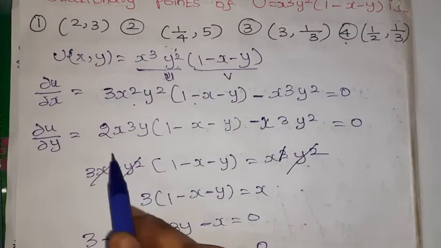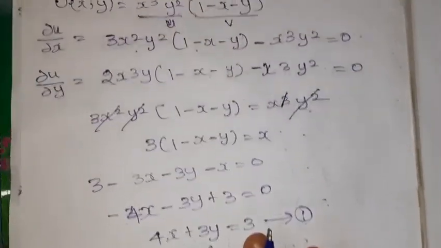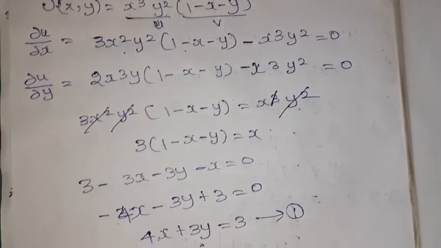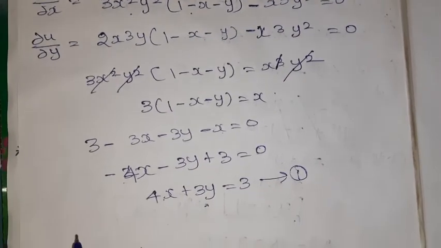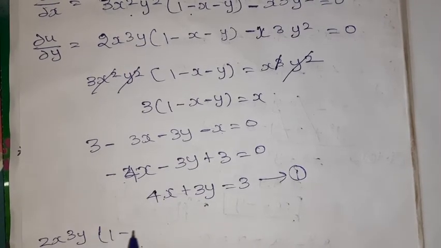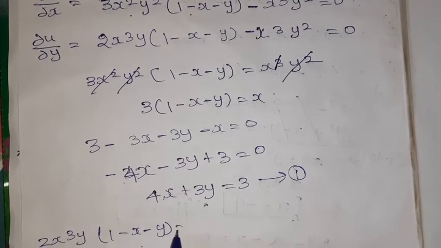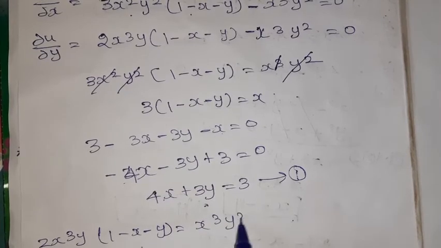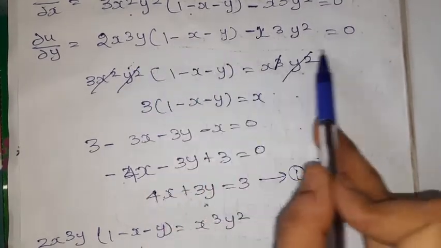Then the other term equal to 0: 2x³y(1 − x − y) = x³y².